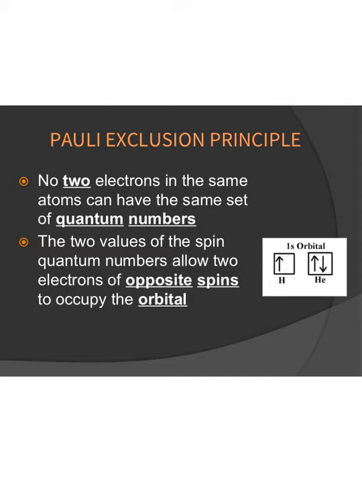Since they are in opposite directions, they're, I guess you can say, better content with one another. They're able to just withstand one another, and so that's the reason that you can have two within each of these little compartments. Now, like they say, three's a crowd, so no more than two. That's very important for you to remember. No more than two.